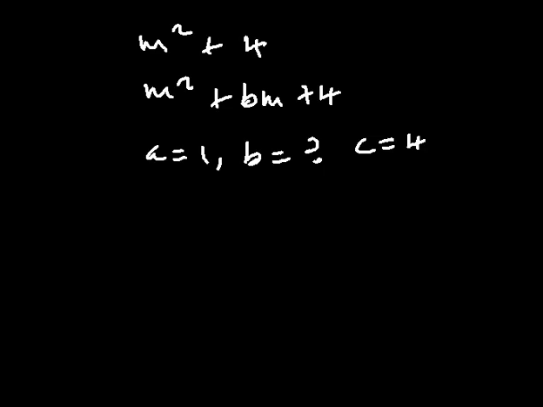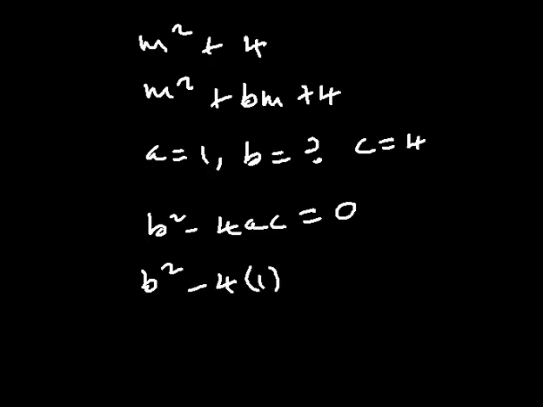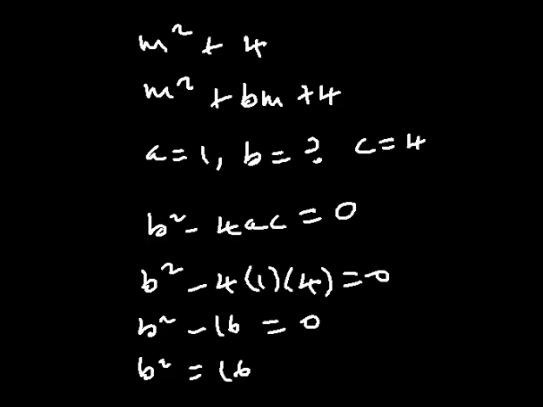So in this case, using the discriminant, we have b squared minus 4ac is equal to 0. Then now we have to look for b. b squared minus 4, where a is 1 and c is 4, is equal to 0. And b squared minus 16 is equal to 0. Then b squared is equal to 16. For this case, we have to take the square root of both sides, and therefore b is given as 4.